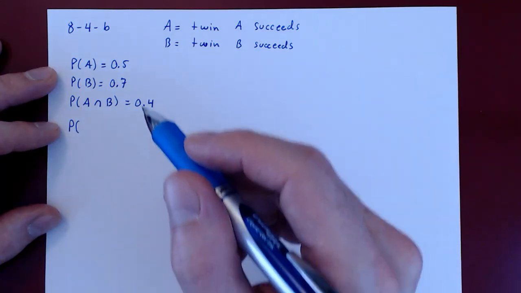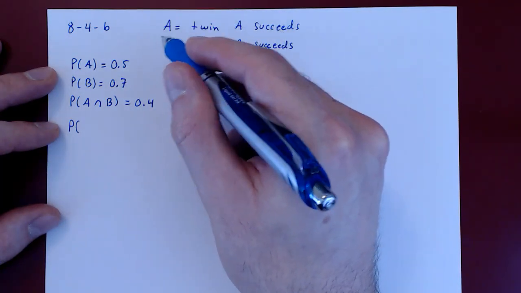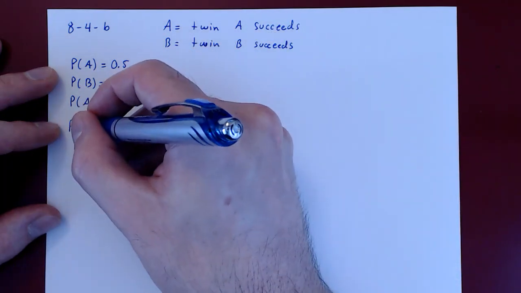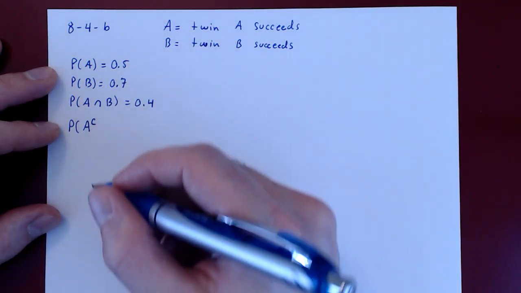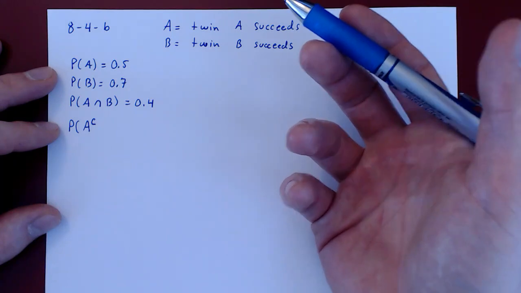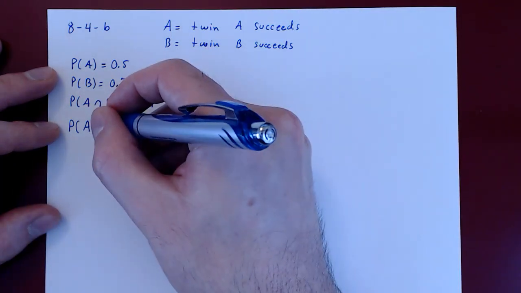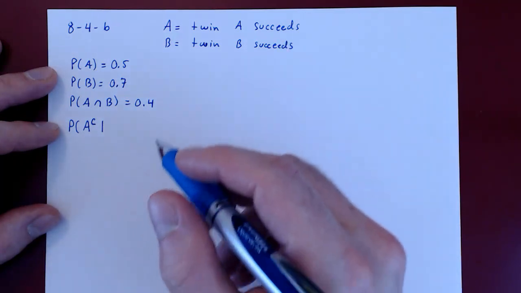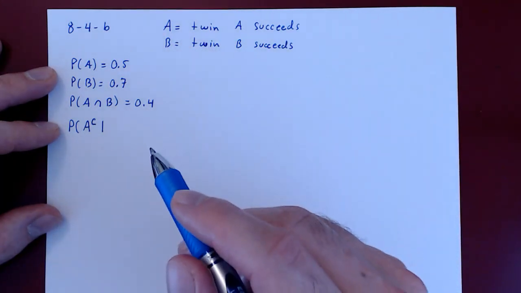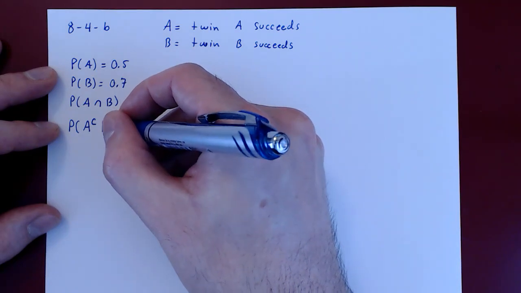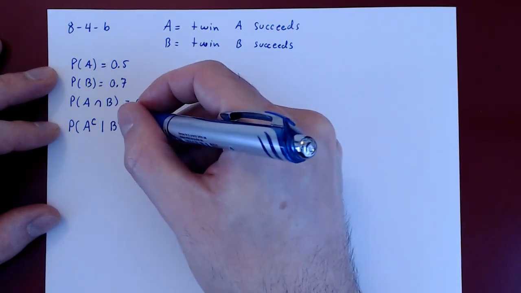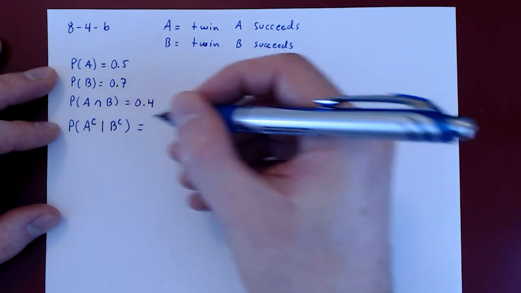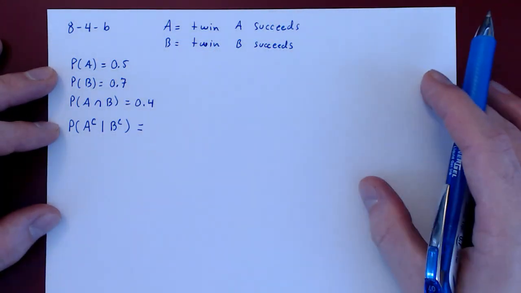Well, a failure for twin A is the complement of event A. So if event A is twin A succeeds, the complement of A is twin A does not succeed, therefore fails. Given that twin B has also failed, so again B is the event for twin B succeeding, B complement is the event twin B failing. This is the probability that we want to find given these 3 bits of information.